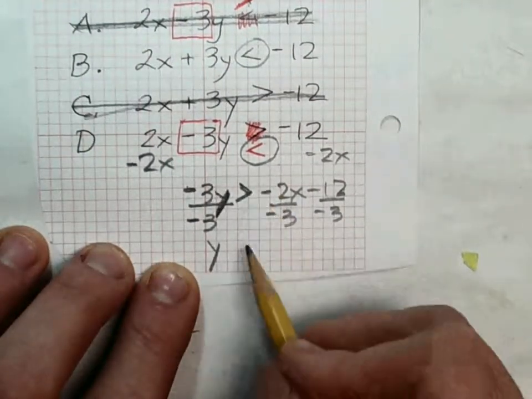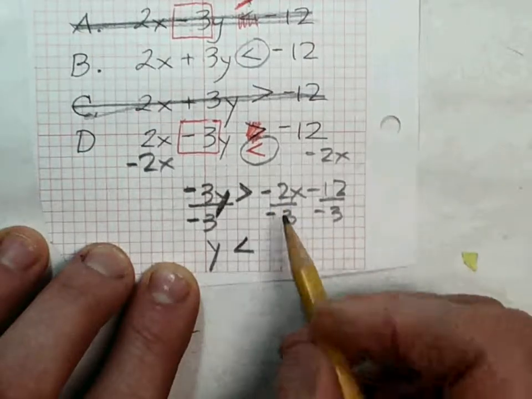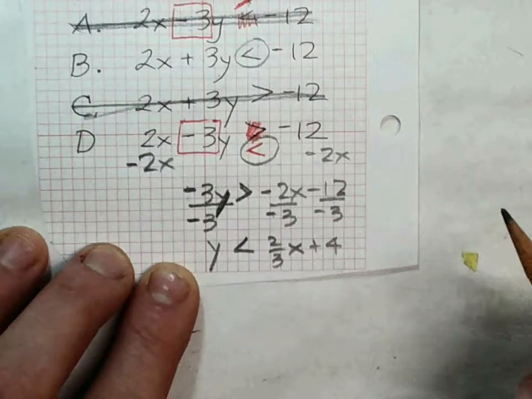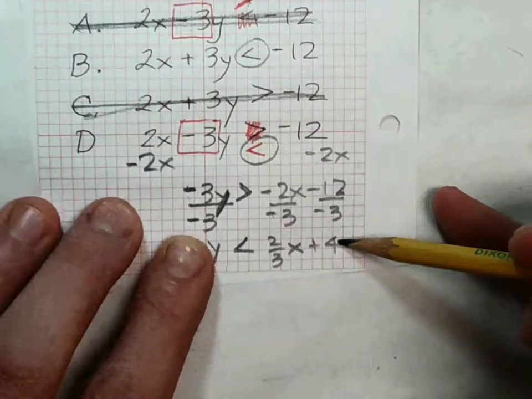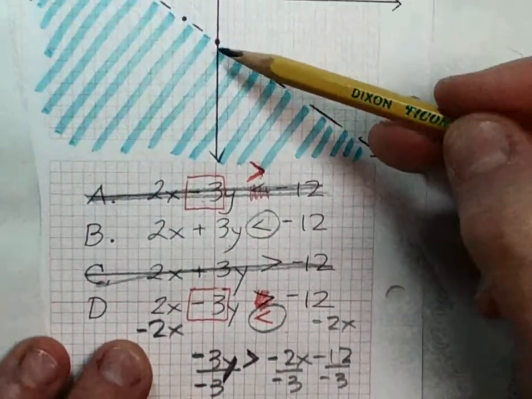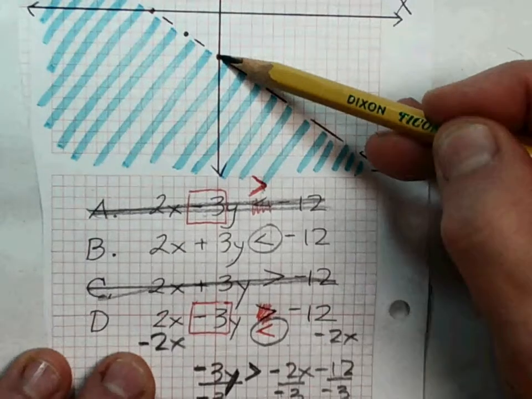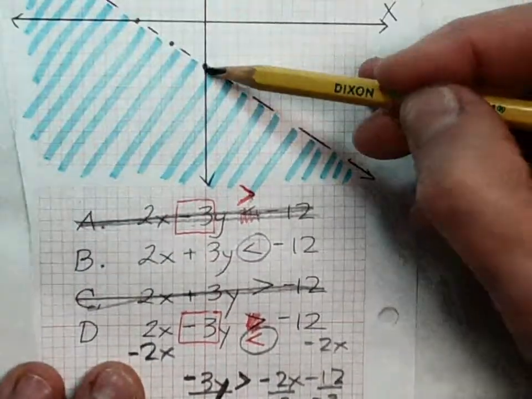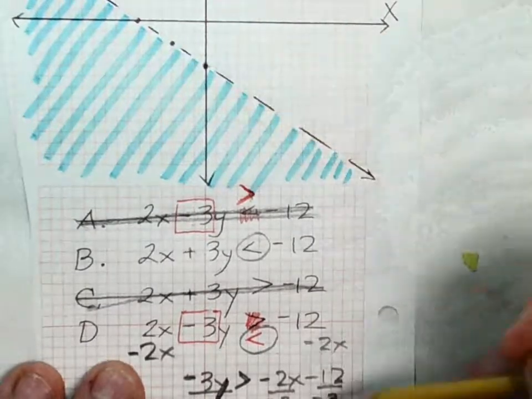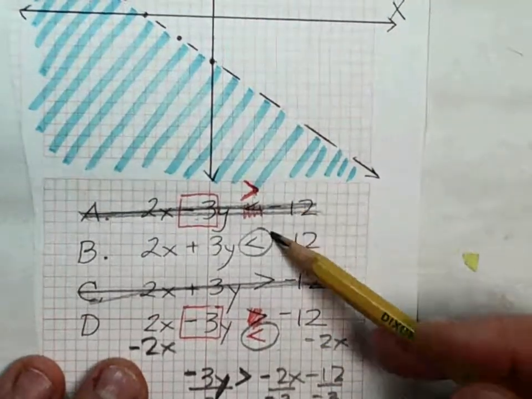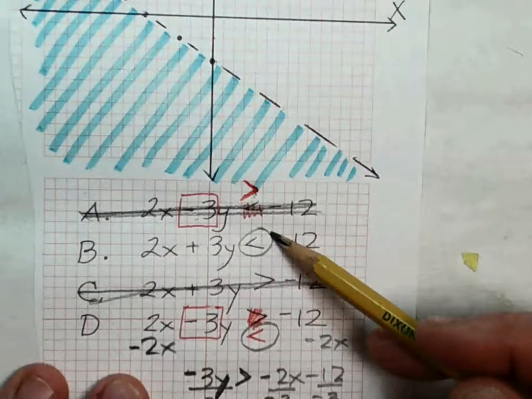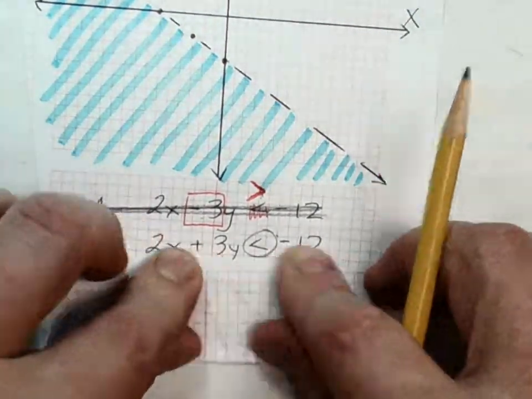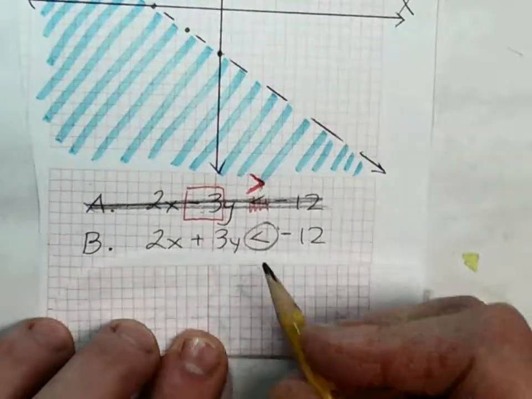Now I'm going to shift this to less than, and a negative divided by negative is a positive. So do I have a y-intercept of 4? No, I have a y-intercept of negative 4. Do I have a slope of positive 2/3? No, I have a slope of negative 2/3. So it's not going to be D. It's going to be B. If I solve this one for y, I get 3y.